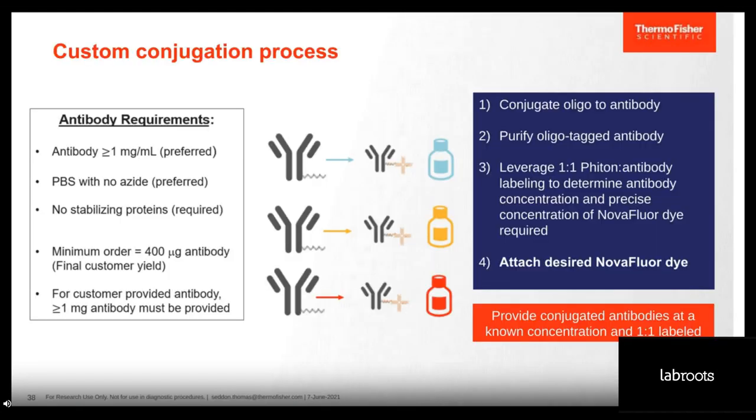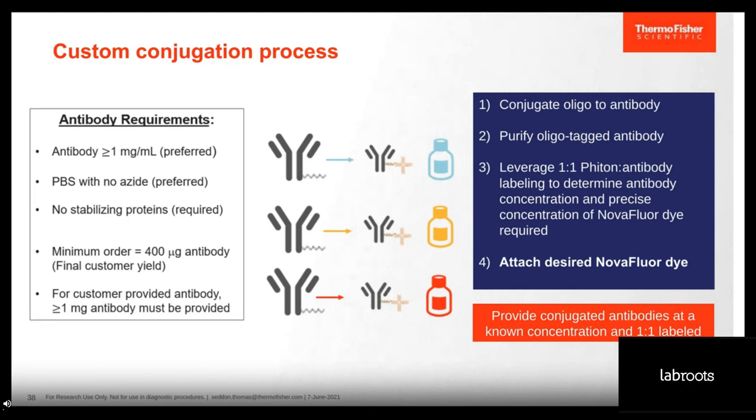And so in terms of looking at what I showed you in the panel, we literally went through what we actually used for the custom conjugation process. And so here what you can see is that to do this, what we did was conjugate a single-stranded oligo to the antibody, purify that antibody, and then leverage the one-to-one Phyton to antibody labeling to determine the antibody concentration and the precise concentration of the NovaFluor dye required.